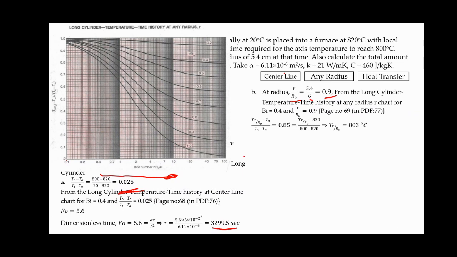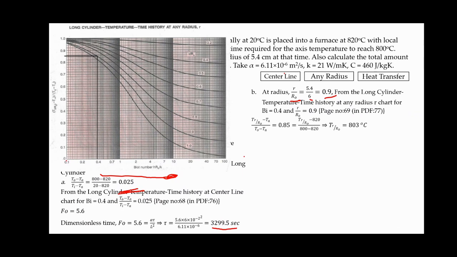Here on the x-axis we have the Biot number, and on the y-axis we have different curves for r by r naught values. So I'll locate a Biot number of 0.4 on the x-axis. From there I will draw a vertical line till it reaches the 0.9 curve on the graph. Where it reaches the 0.9 curve, from there I will draw a horizontal line to the y-axis.